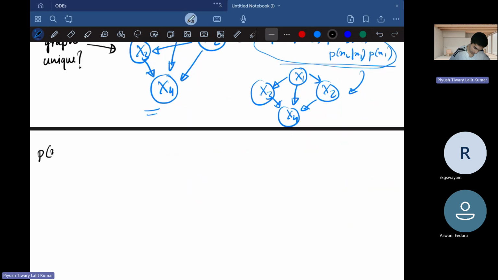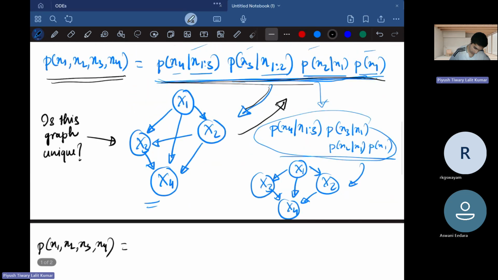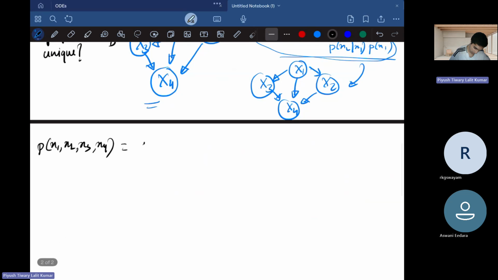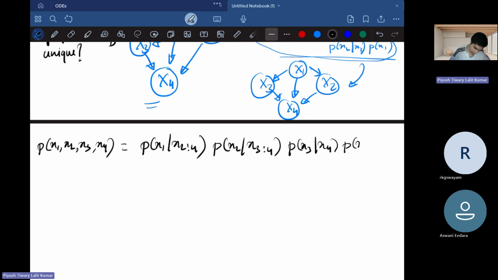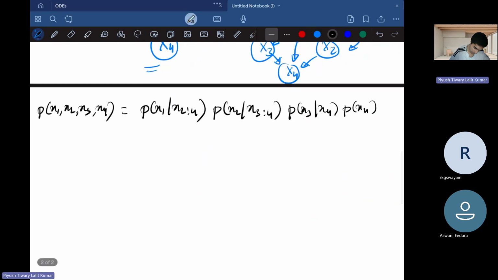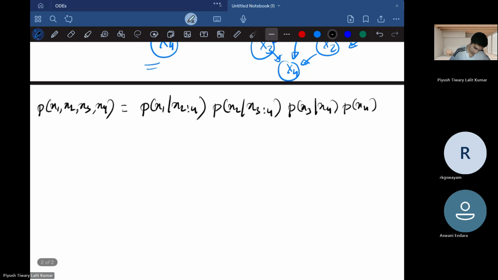For example, you can have P of x1, x2, x3, and x4. Instead of decomposing it like this, you can decompose it like this: P of x1 given x2 to 4, P of x2 given x3 to 4, P of x3 given x4, and P of x4. Now this graph will have x4 as the most ancestor node.